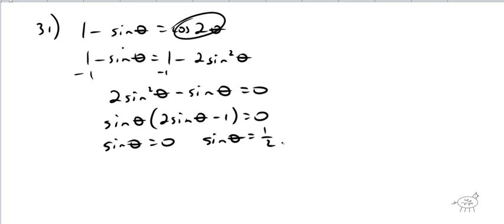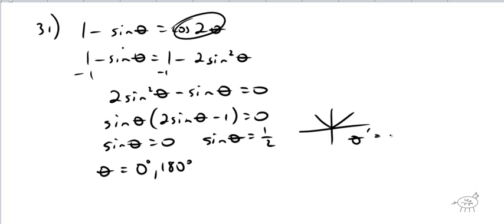So 2 answers for this guy. Theta is equal to 0 degrees and 180 degrees. And for this one, we're in these 2 quadrants. The reference angle is 30 degrees, so it's going to be 30 degrees and 150 degrees.